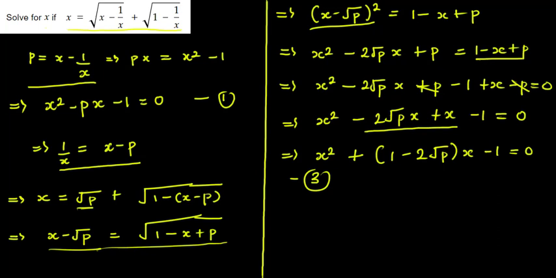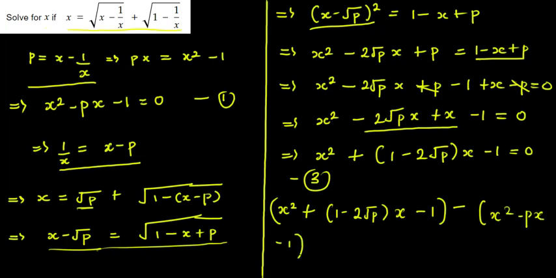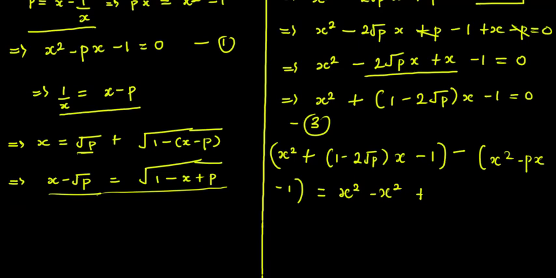Okay, so equation 3 minus equation 1 is going to be x squared plus 1 minus 2 root p into x minus 1, minus equation 1, which is x squared minus px minus 1, which is going to be x squared minus x squared plus 1 minus 2 root p x plus px minus 1 plus 1.